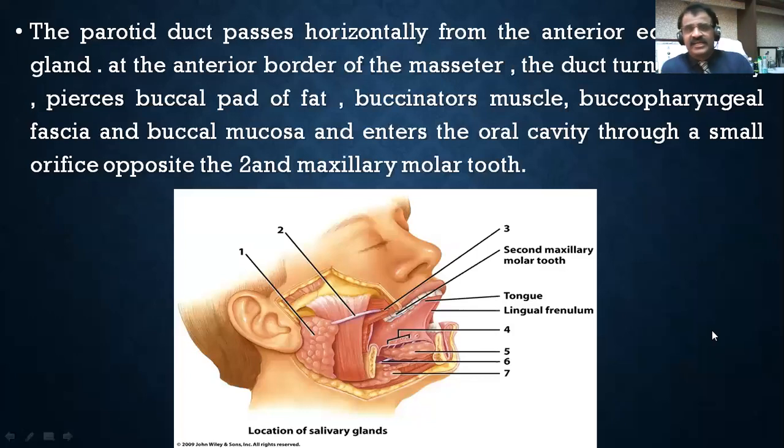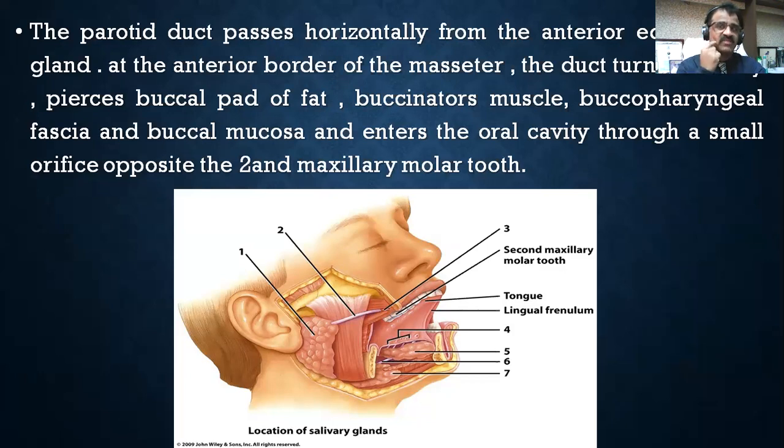The parotid duct passes horizontally from the anterior edge of the parotid gland at the anterior border of the masseter muscle, and the duct turns medially and pierces the buccal pad of fat on the cheek.